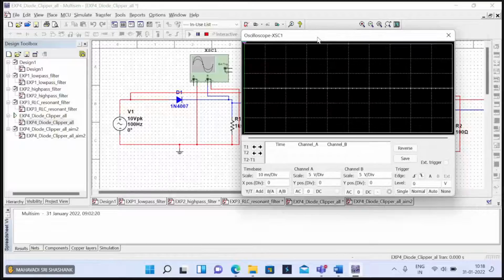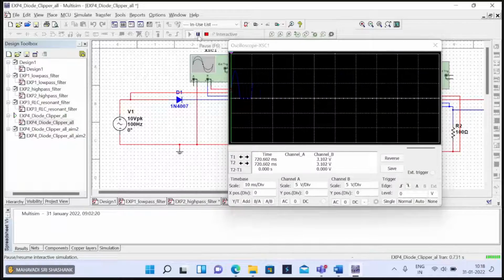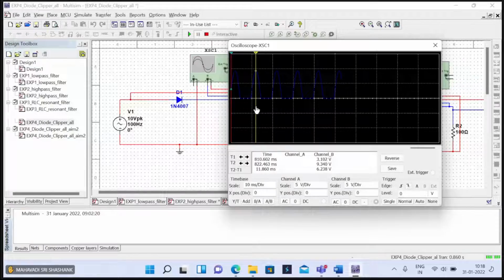Because it is overlapping, it is very difficult to identify which one is the output. Ma'am, I have taken 0 volts as the reference here, so the maximum voltage will be 10 minus that. So it is 9.226 as seen here.